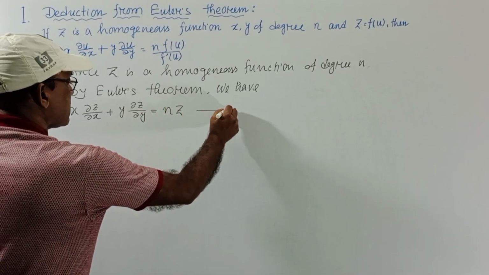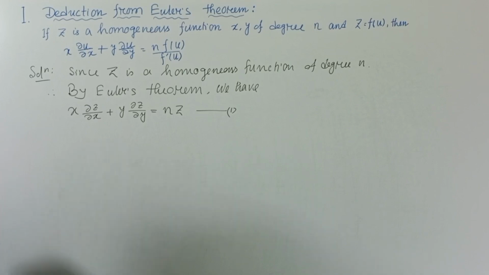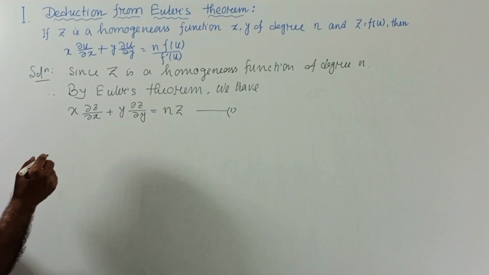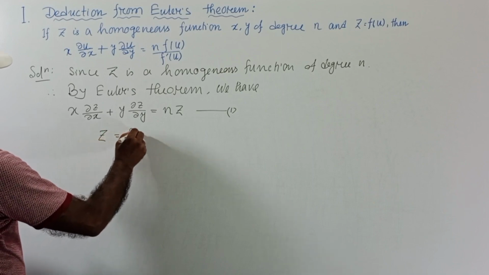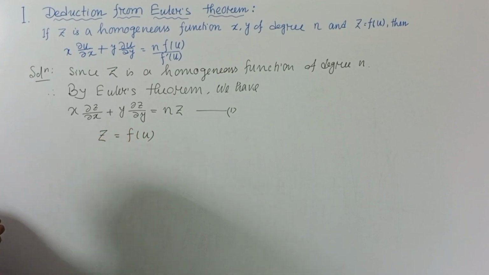We consider this as number 1. But here it is given z equal to f of u.